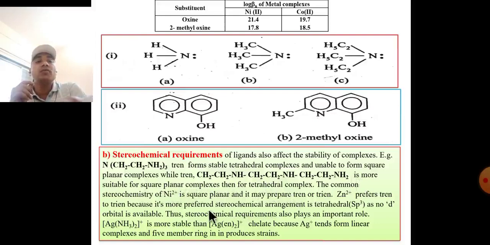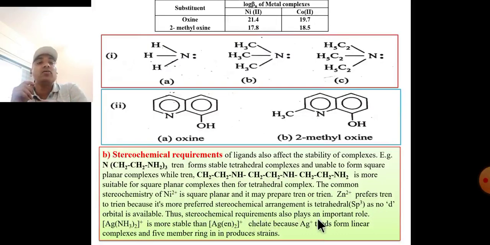The common stereochemistry of Ni2 plus is square planar, and it may be prepared with trien. Zn2 plus prefers tren and trien because it is a more preferred stereochemical arrangement of tetrahedral sp3, and no d orbital is available.